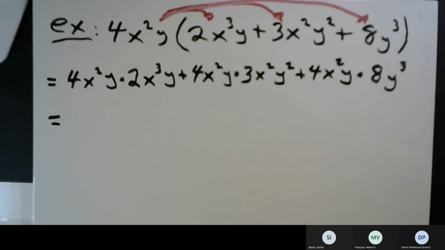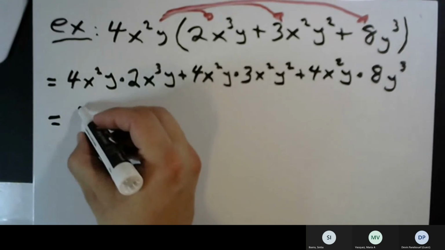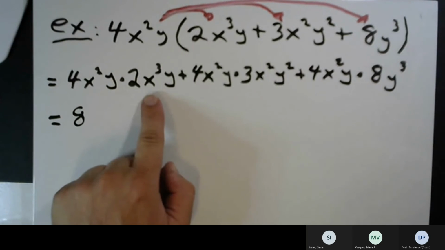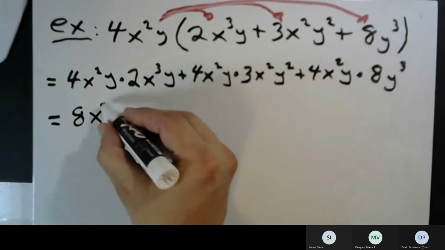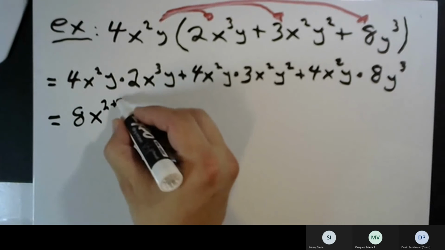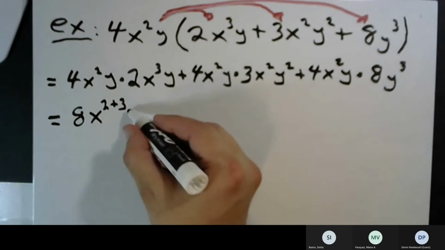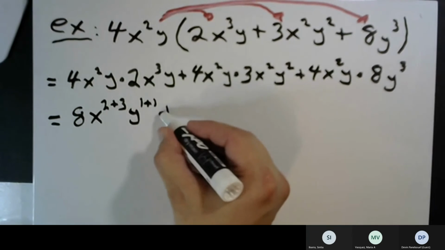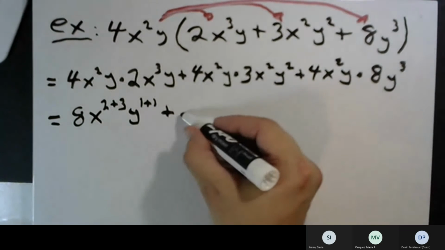So now we're just going to multiply like we did in the previous sections. So 4 times 2, that's 8. X squared, x cubed, that's going to be x to the 2 plus 3. Y times y, well, that's y to the 1 plus 1. 4 times 3 is 12.